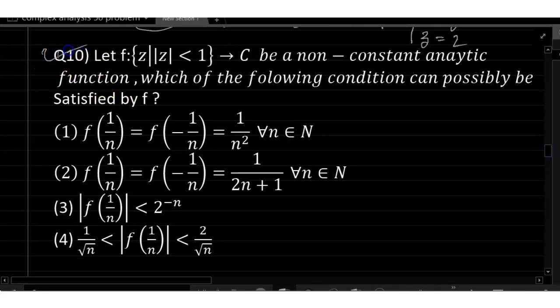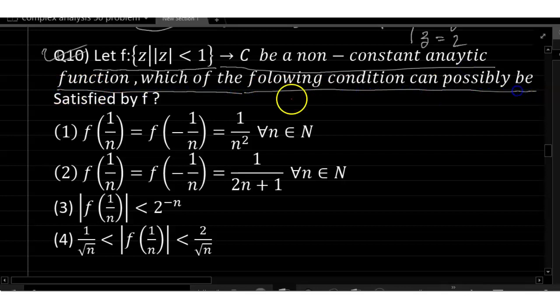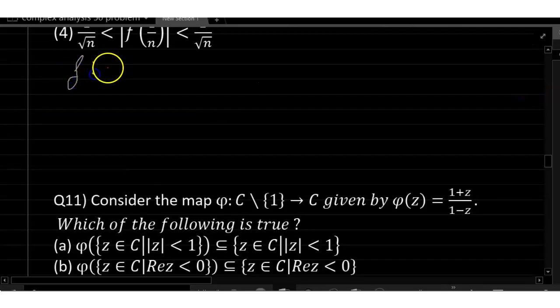question number 10. Let f be a non-constant analytic function on mod z less than 1 to C. Which of the following conditions can possibly be satisfied by f?